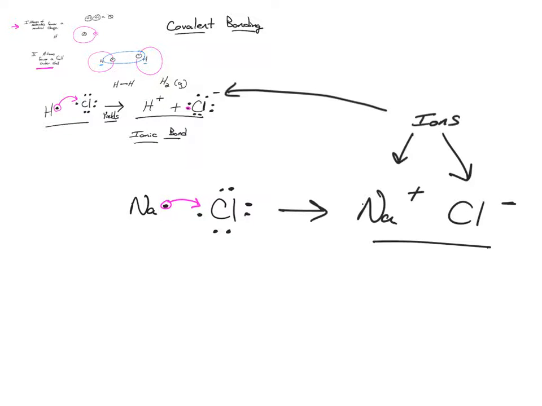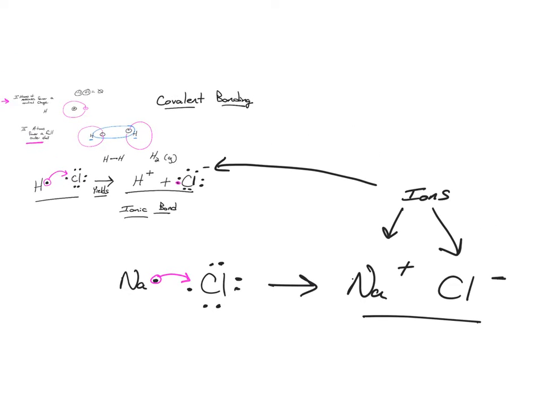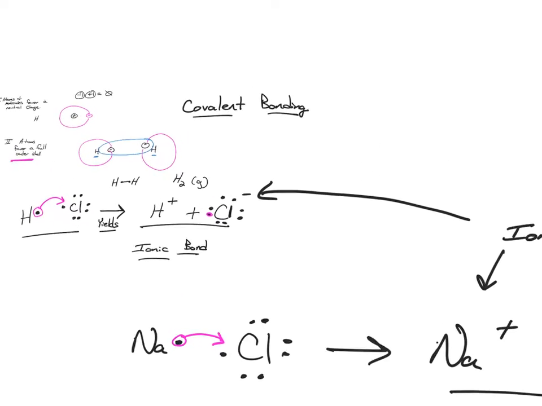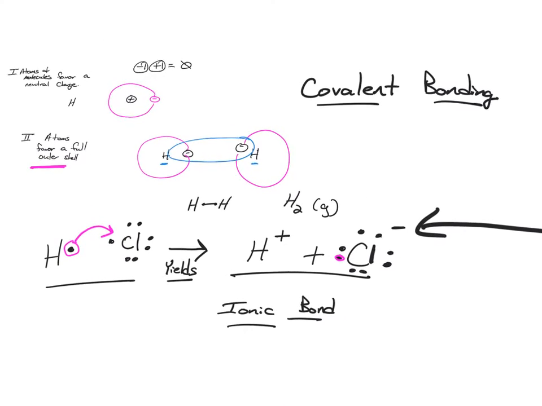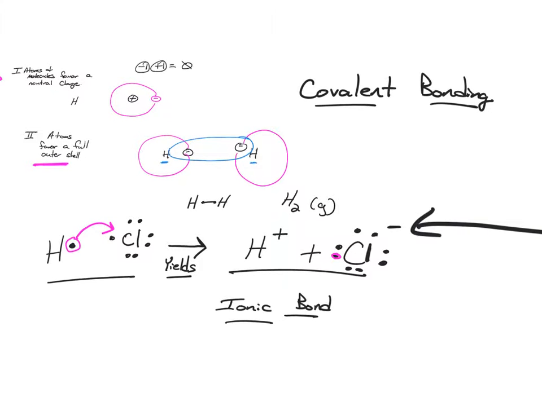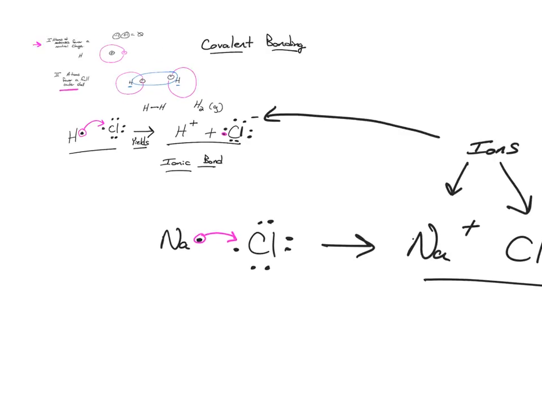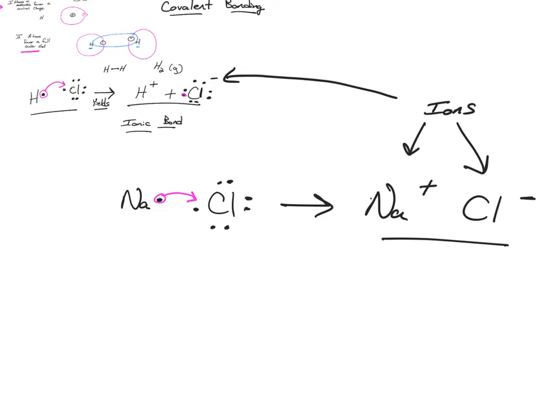It's different from sharing. When you're sharing, they're both equally strong. Nobody's bullying anybody. They're sharing the electrons. There's no charge. Notice that there's no charge. That's why these guys end up being gases, usually. The things with ionic bonds tend to be liquids or solids. Why?